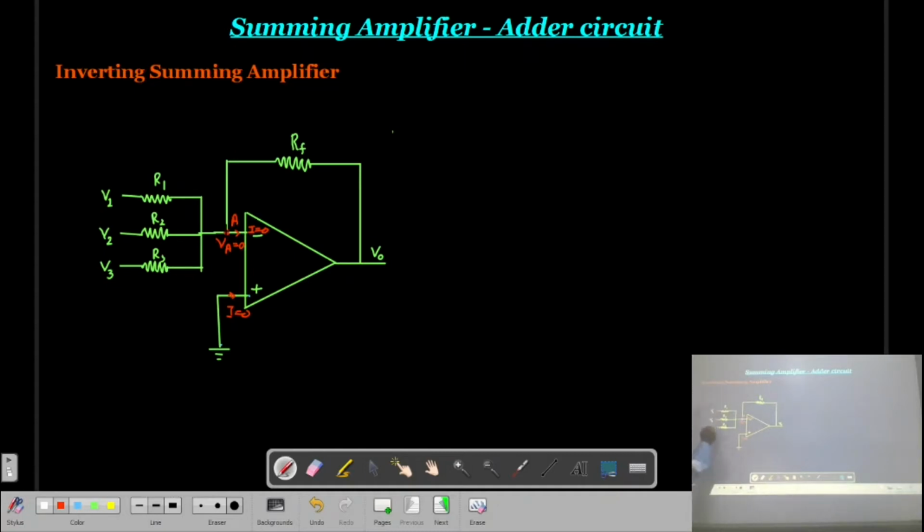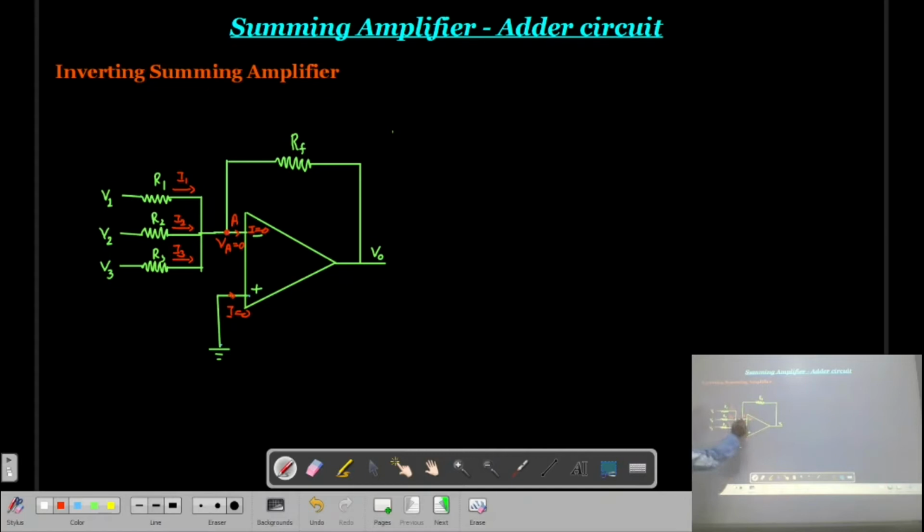Now due to these different voltages, there will be a flow of current in the resistances R1, R2 and R3. Let us say this current is I1, the current in R2 is I2, and the current in R3 is I3. Now at this junction A, the current going into the operational amplifier is zero.